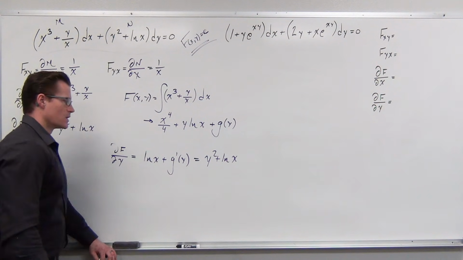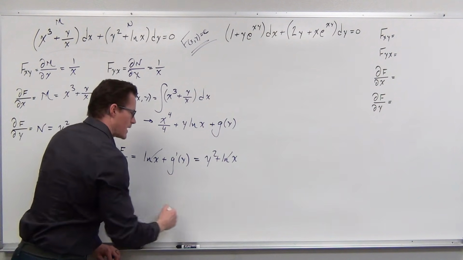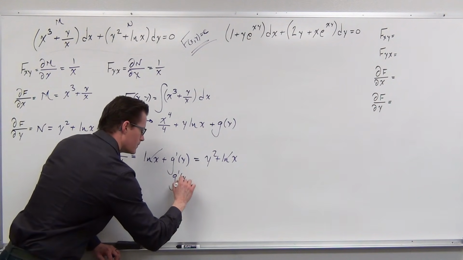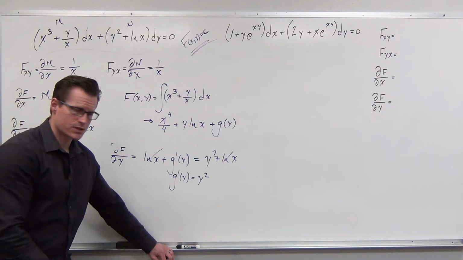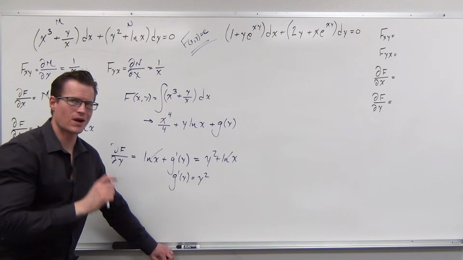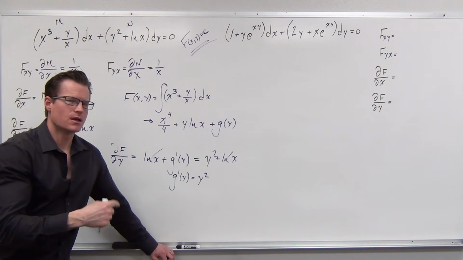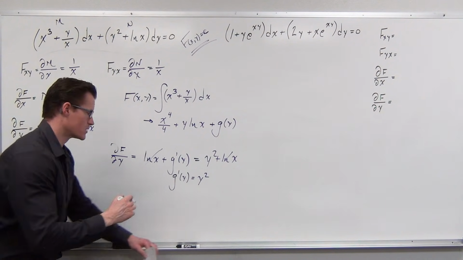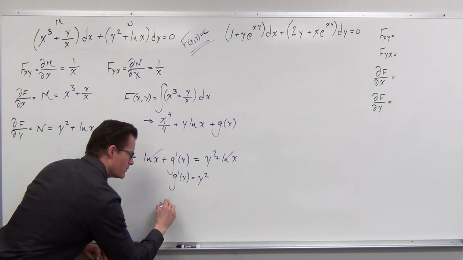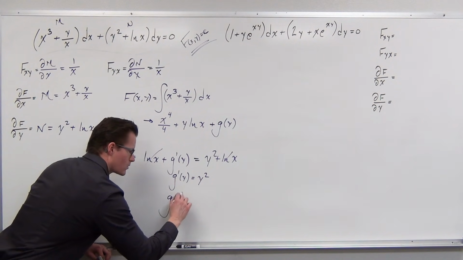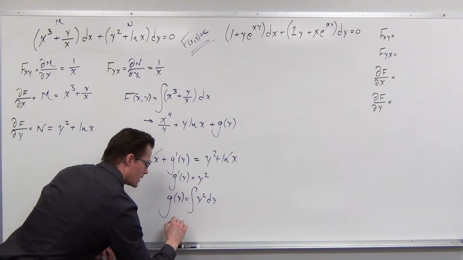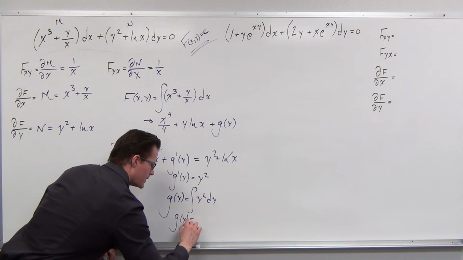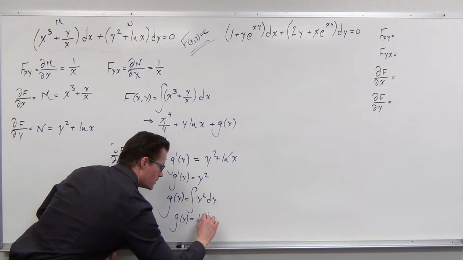I mentioned also in the last video that a lot of things are going to cancel out. And yes, you should end with something that just has y's in it. All of your x terms need to go away. Because when we take our integral here, how do you undo derivatives? We just do an integral. So if we integrate both sides, we're going to get that g of y is 1/3 y cubed.